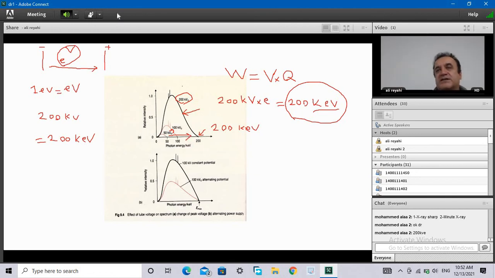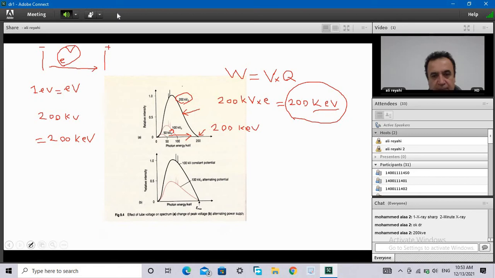By increasing the voltage between cathode and anode, the energy of electron is increased, and then the energy of X-ray will be increased. What is the maximum of X-ray? You say that it is the same as the energy of electrons moving from cathode to anode.